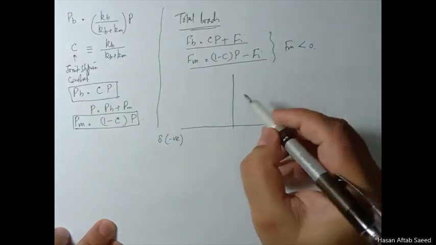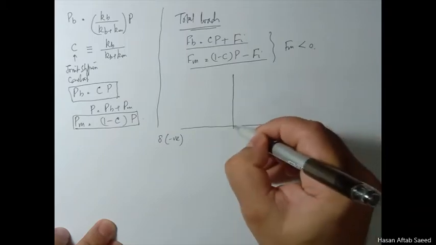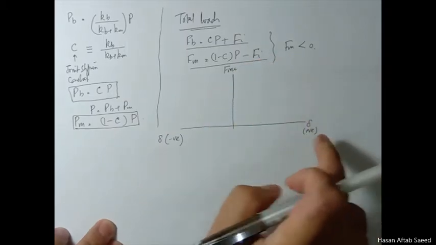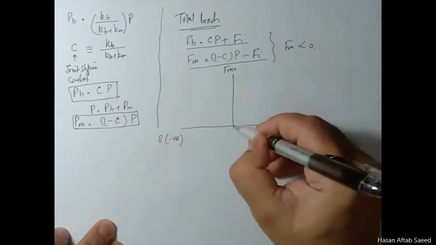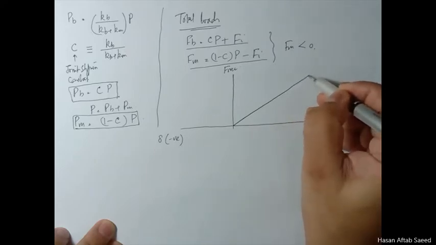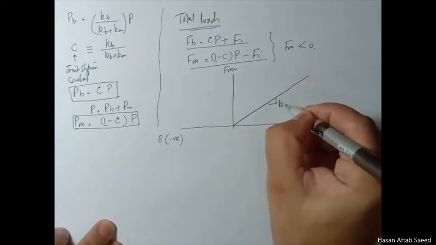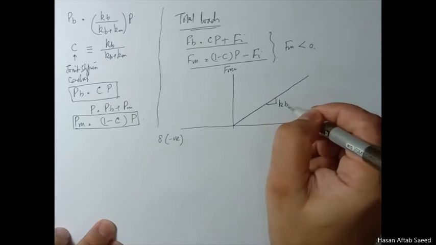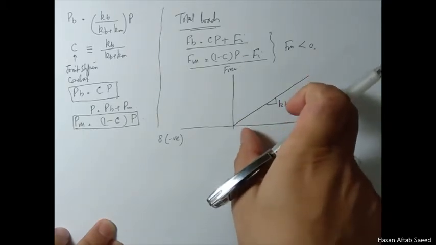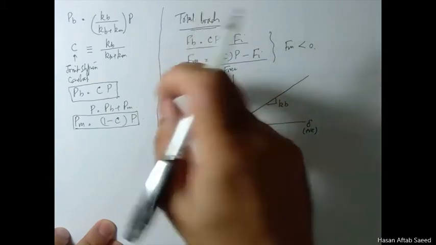Let's say this is the force axis and these are the displacement axes. Now, a bolt has a stiffness of Kb, which is much less than the stiffness of members.